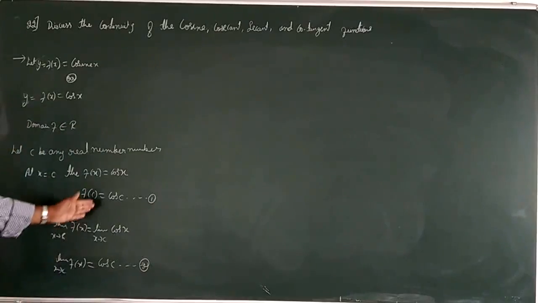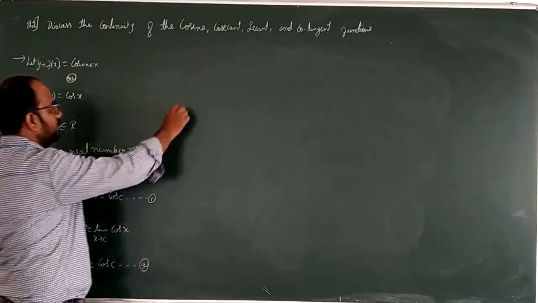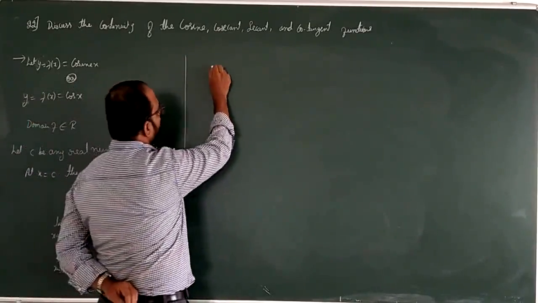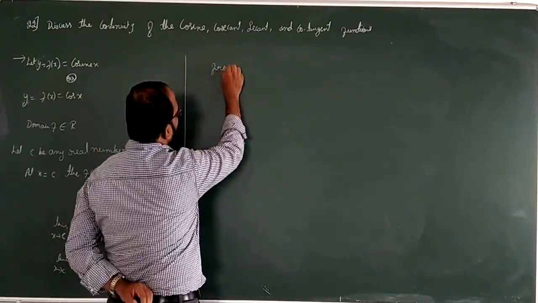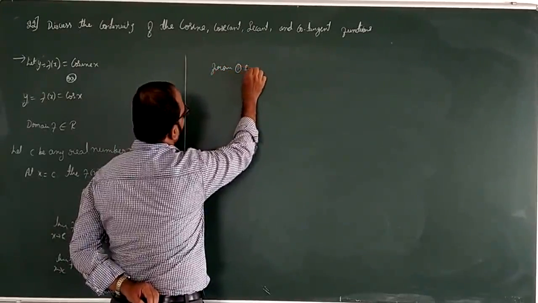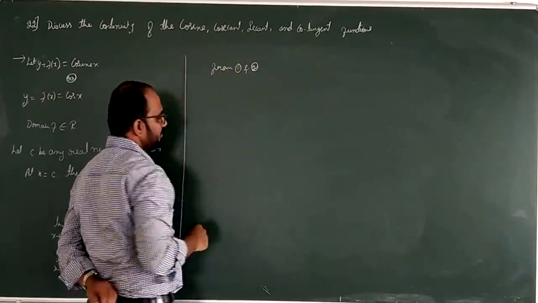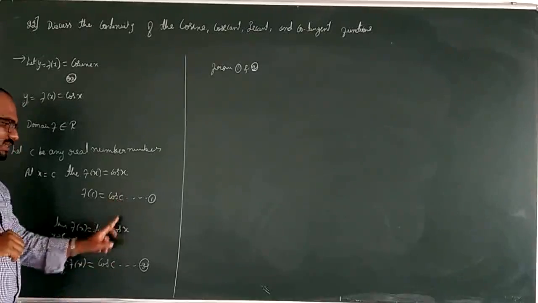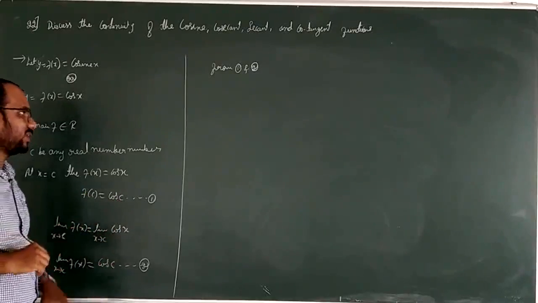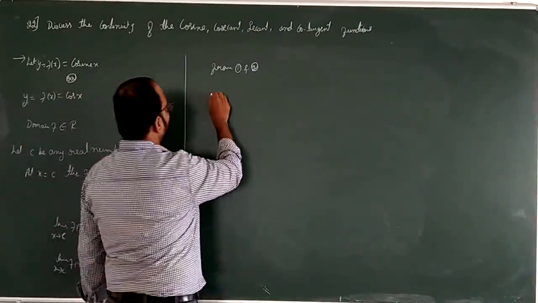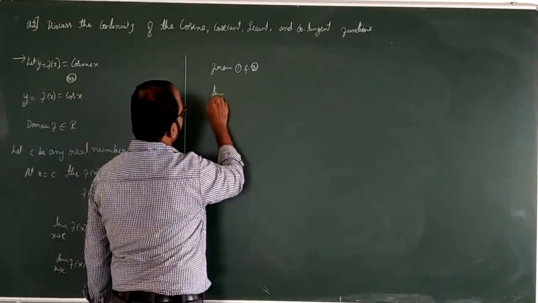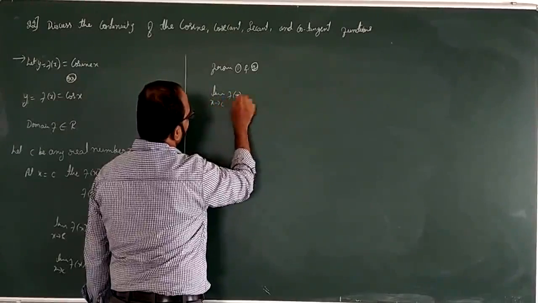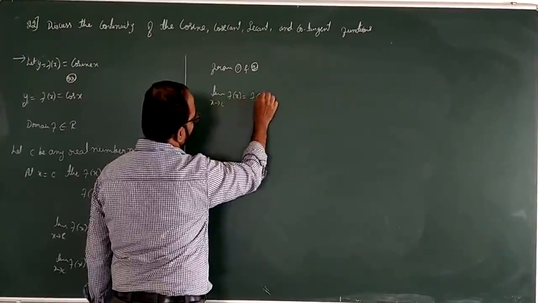Now compare equation 1 and equation 2, both are the same. Left hand side cos c is equal to cos c on the right hand side, therefore limit x tends to c f of x is equal to f of c.